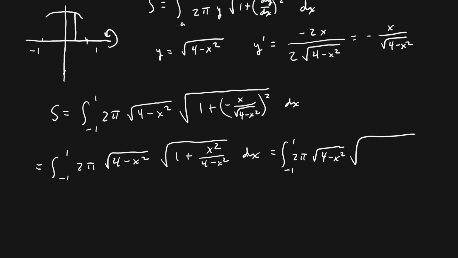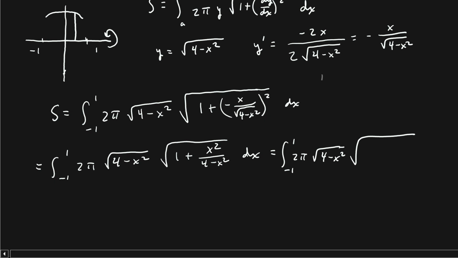So we've got 1 plus x squared over 4 minus x squared. If we get a common denominator, 4 minus x squared over 4 minus x squared, we're adding. This is going to be 4 minus x squared, that's going to be x squared. So we're left with 4 over 4 minus x squared.